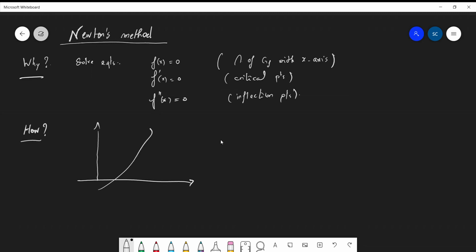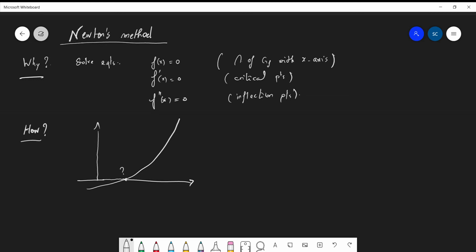Let's graph it well. So we are looking to find this root. We want to find this point.